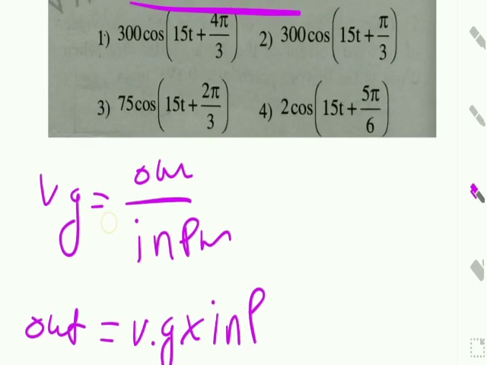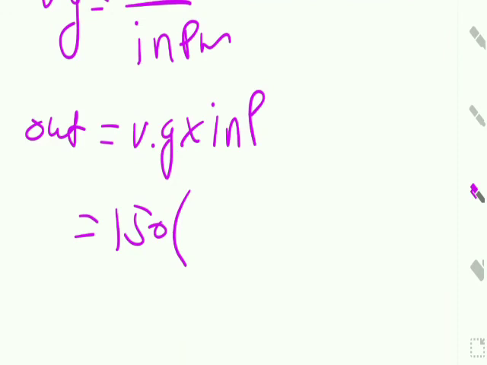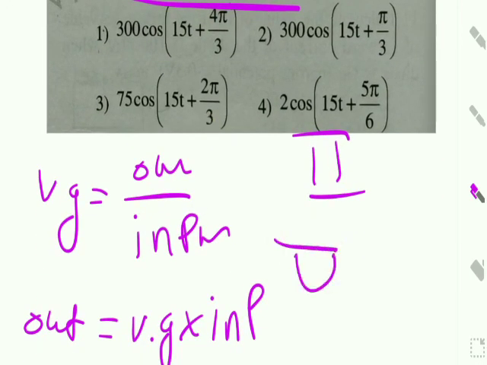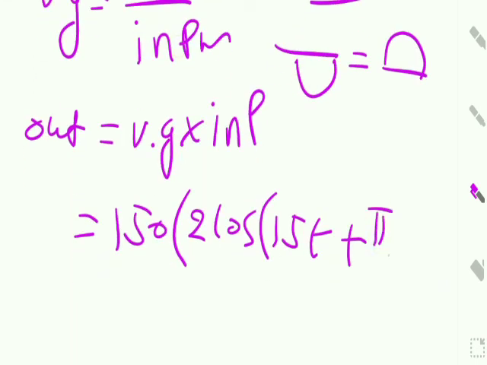So the voltage gain he has given is 150, into the input signal 2 cos(15t plus pi by 3). Here, the phase is changed, since the output is in the opposite direction to the input. So the phase changes: pi by 3 plus pi, which is 4 pi by 3.